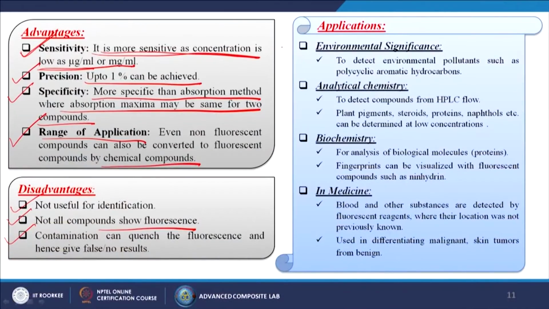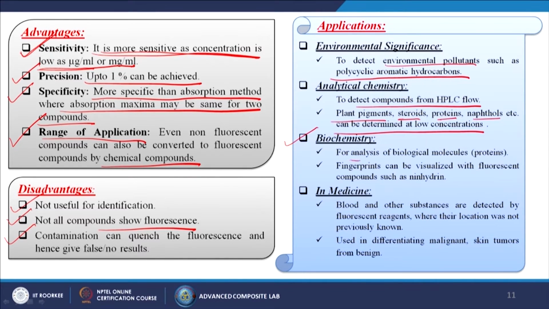What are the applications? Generally it can be used for environmental significance, to detect environmental pollutants such as polycyclic aromatic hydrocarbons. It can be used in analytical chemistry, to detect compounds from HPLC flow; plant pigments, steroids, proteins, naphthols etc. can be determined at low concentrations.